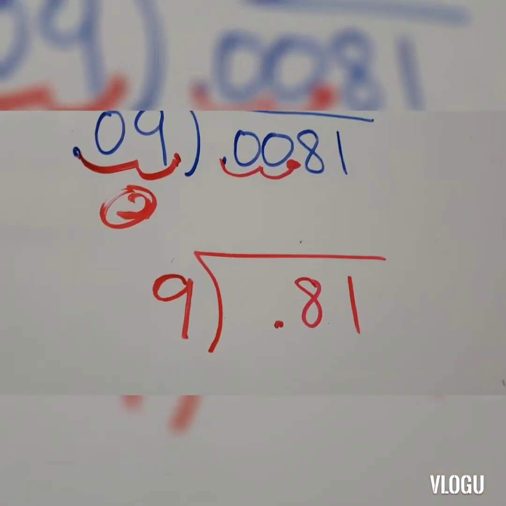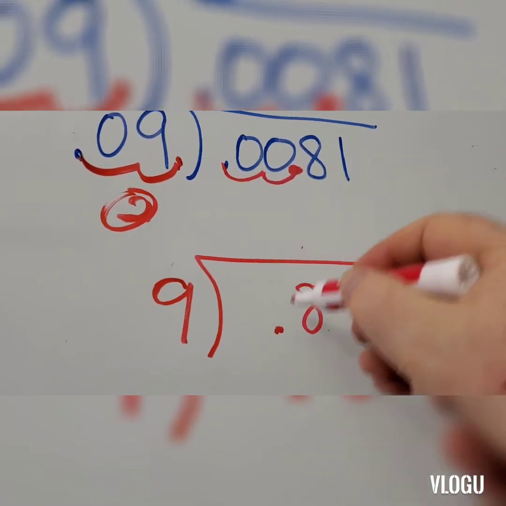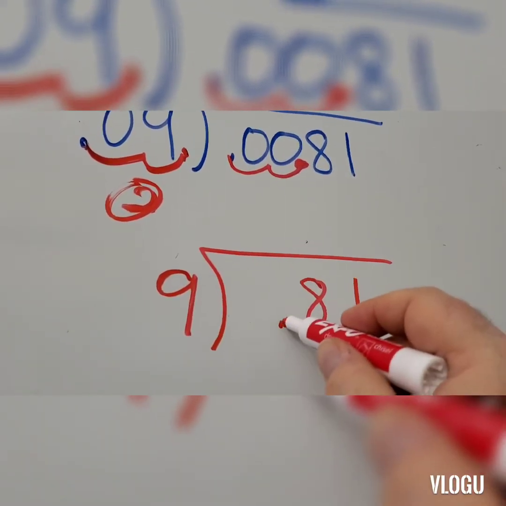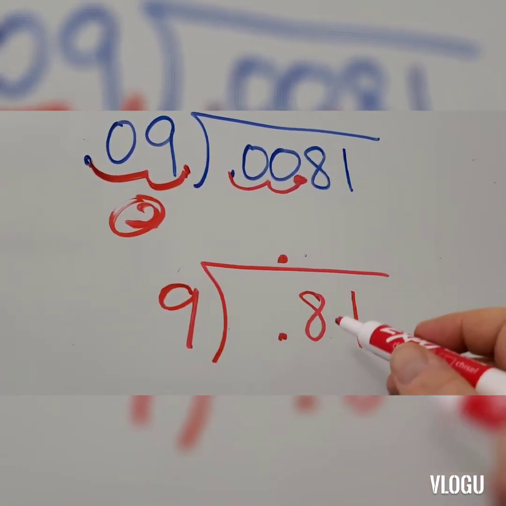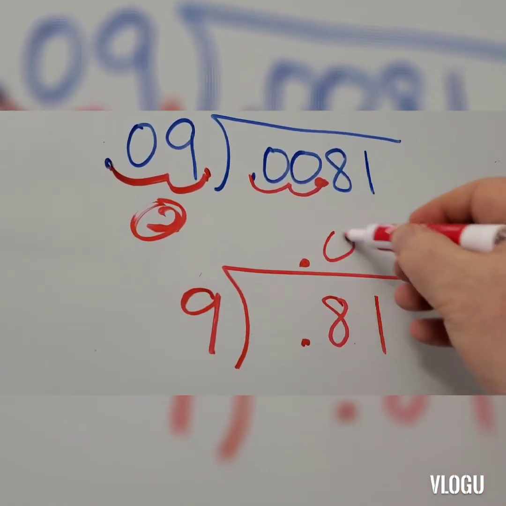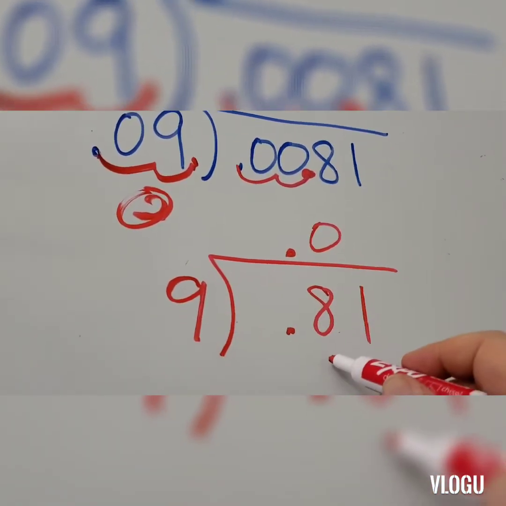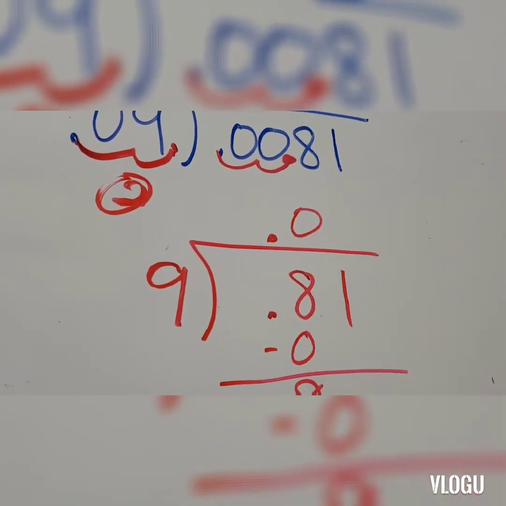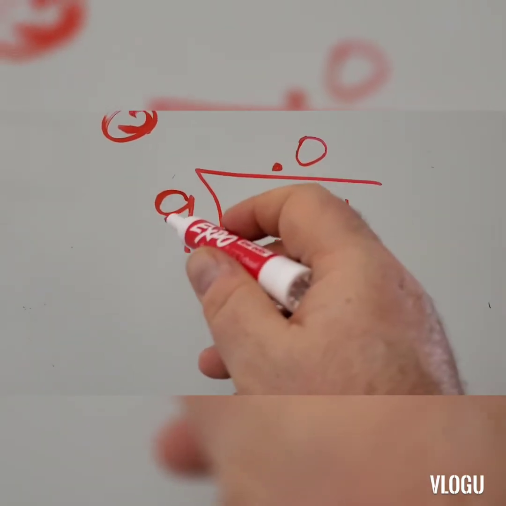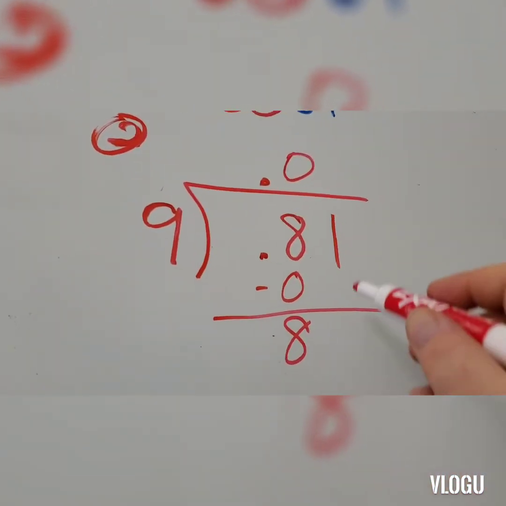81. 9 goes into 8. Well, so first of all, I have to bring my decimal straight up into my answer. Does 9 go into 8? No, it does not. 0 times 9 is 0. Subtract 8. Is 8 less than 9? It is, so my 0 is okay.